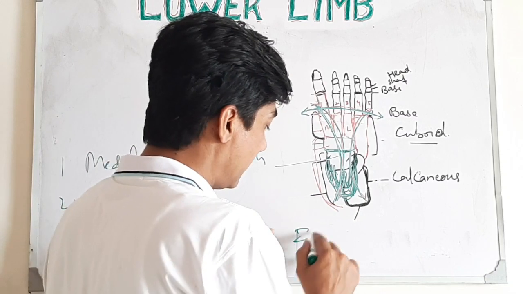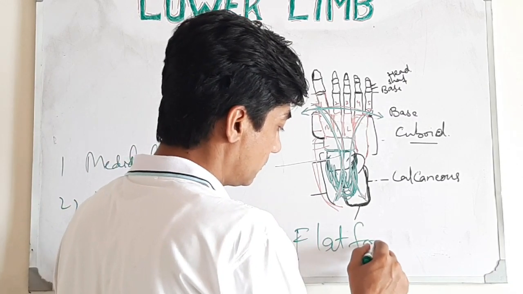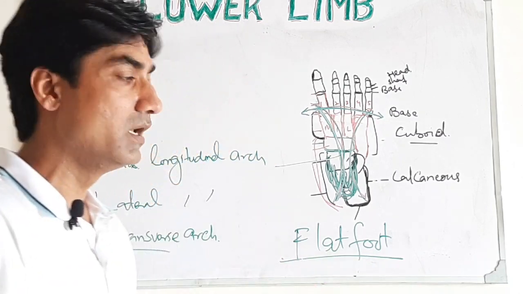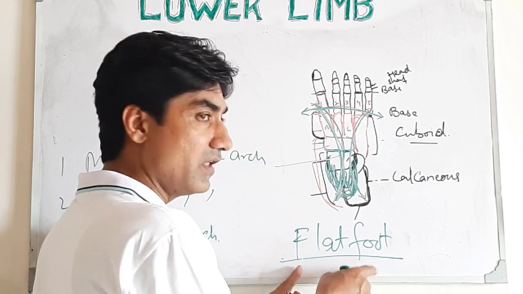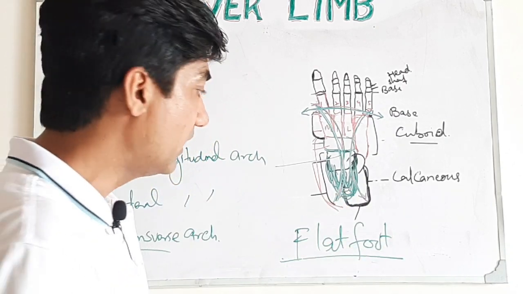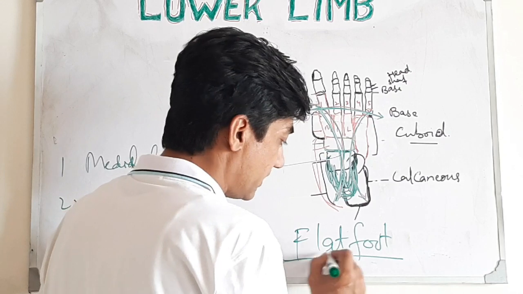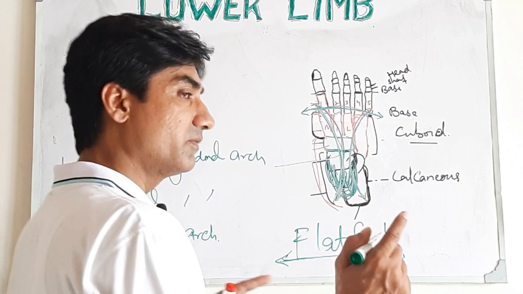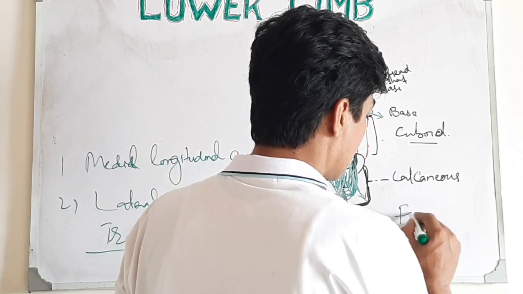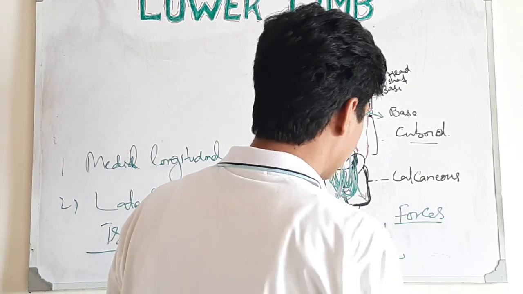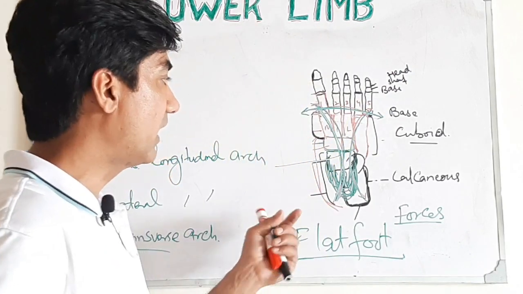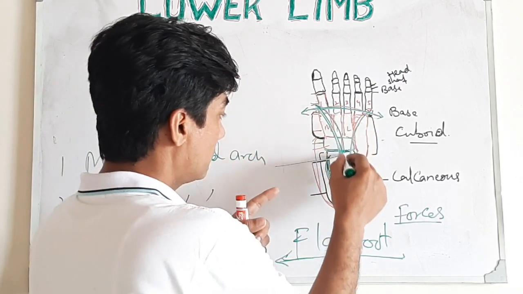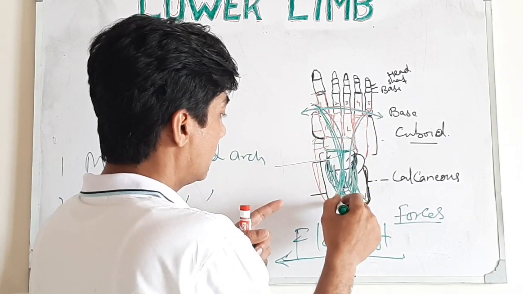These arches are produced normally, and if these arches are not present in the sole, the foot is considered a flat foot. And a flat foot cannot absorb the stress while walking and running. So persons with flat foot are considered unfit for special forces, because a flat foot cannot absorb the stress while walking or running.